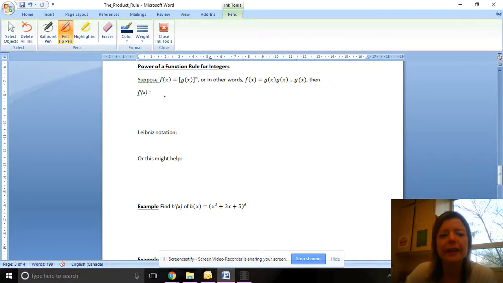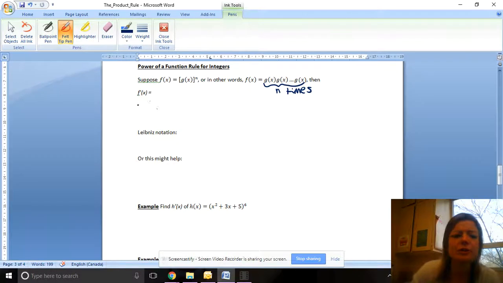So I'm going to do just a short little proof of this. So think about this. Another way of writing this is g at x times g at x times g at x, etc., and you multiply it together n times. Okay, that's what that exponent n means. It means you take g at x and you multiply it together n times.